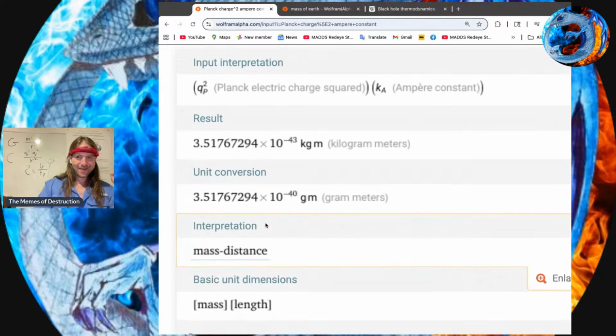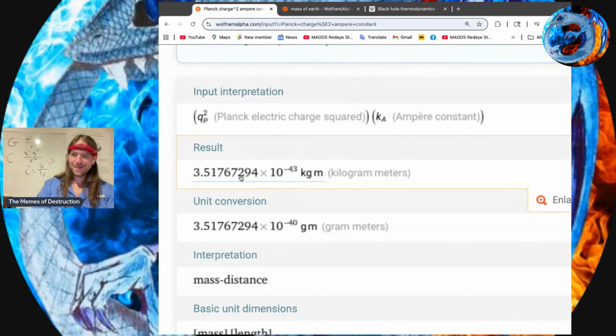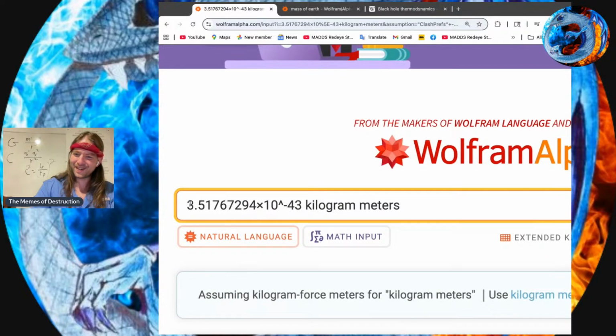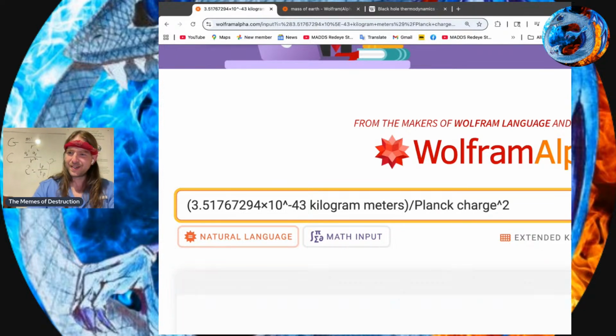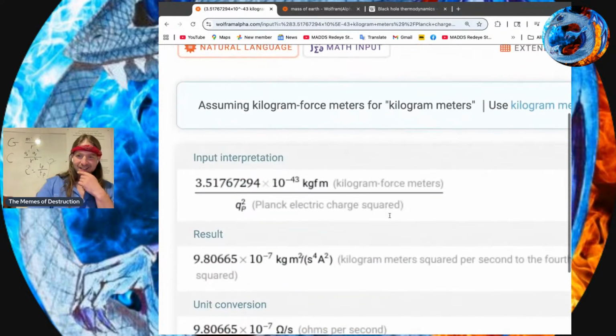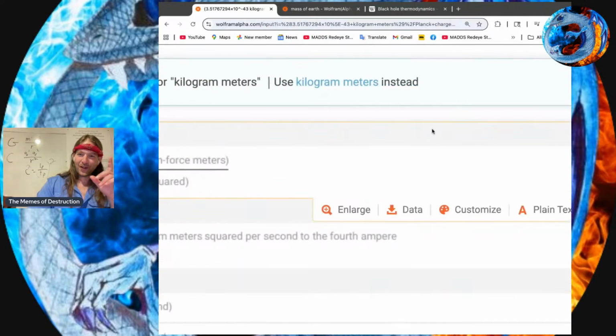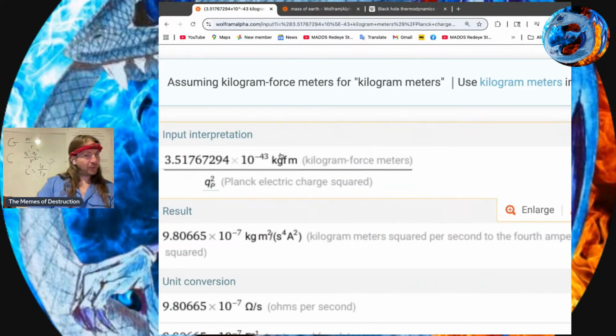I know why. I know why. Because if we take this thingy here and we divide it by the charge squared, okay, it's doing those force meters and everything.